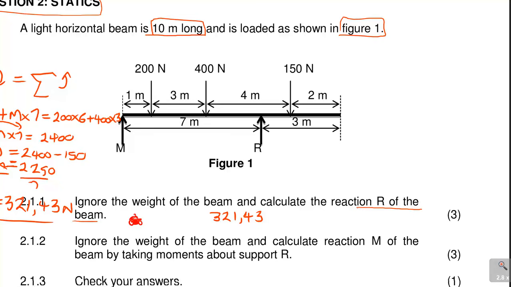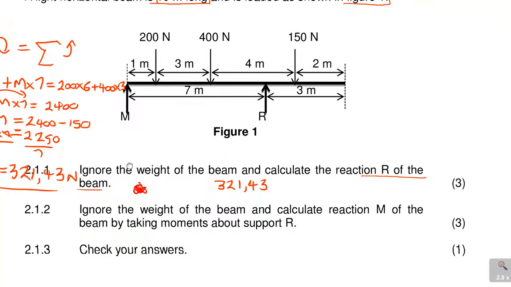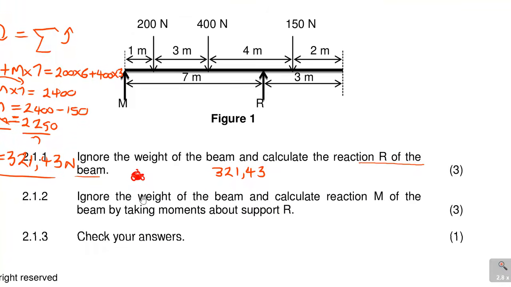Question 2.1.2: ignore the weight of the beam and calculate the reaction M by the beam taking moments about support R. The first one was ignore the weight of the beam and calculate the reaction R of the beam. So I did the question the other way around.